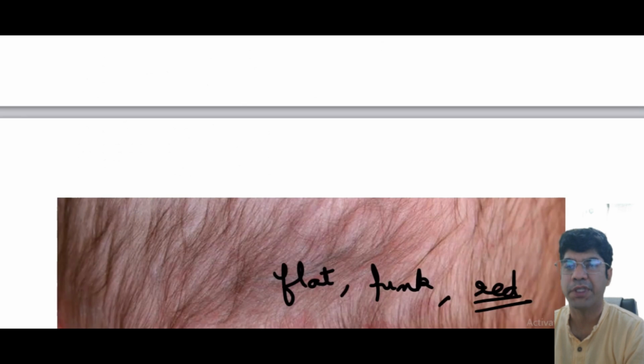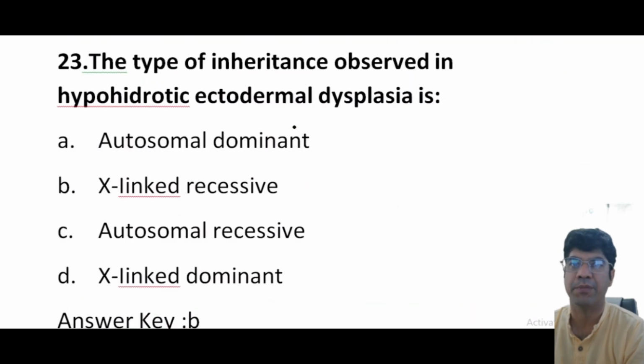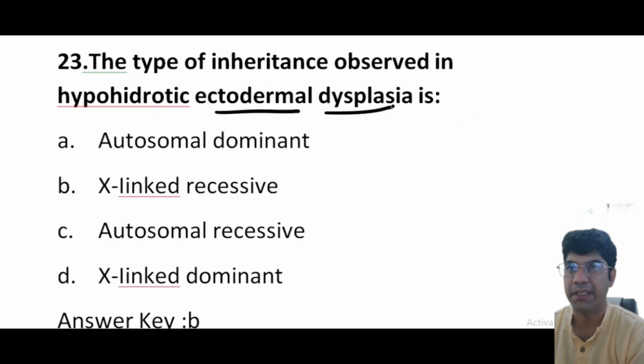Now coming to the next question, the type of inheritance that is observed in hypohidrotic ectodermal dysplasia is, well, we know hypohidrotic ectodermal dysplasia is a genetic disorder that affects the development of skin, hair, nails, teeth and sweat glands.